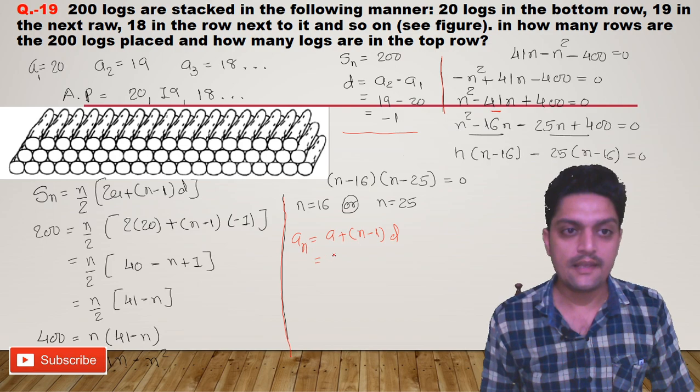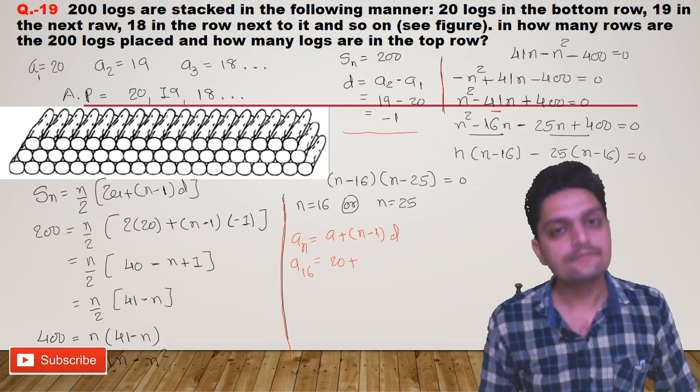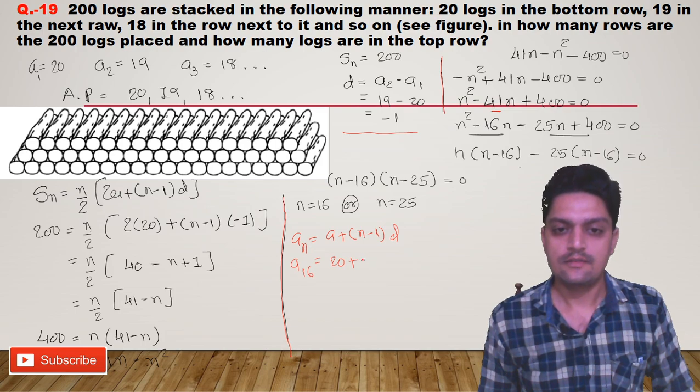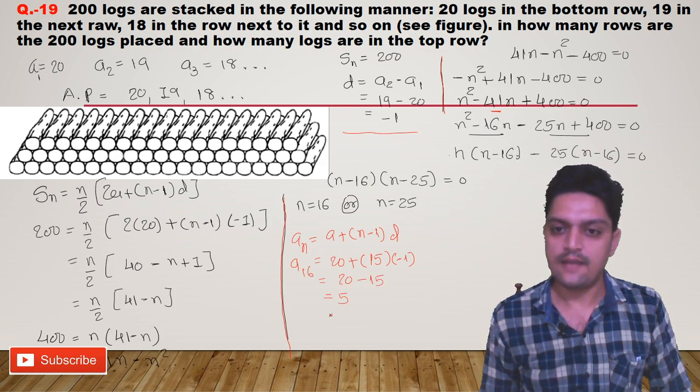So a is now 20 plus, because we want a 16, a 16. So 16 minus 1 is 15, into the difference, which is minus 1. So now 20 minus 15 is 5 only.